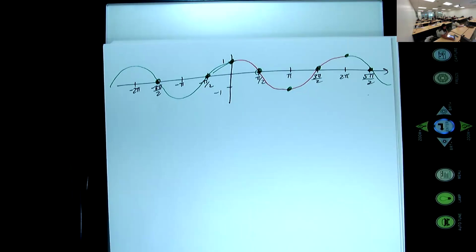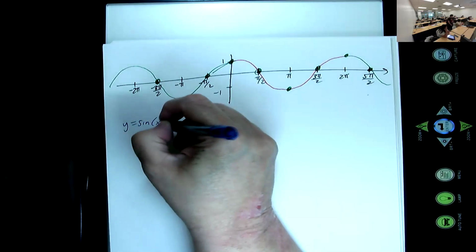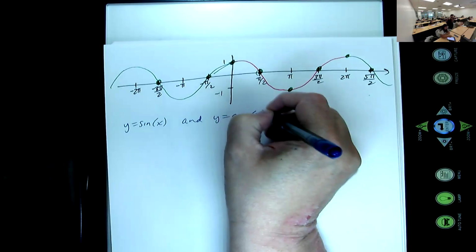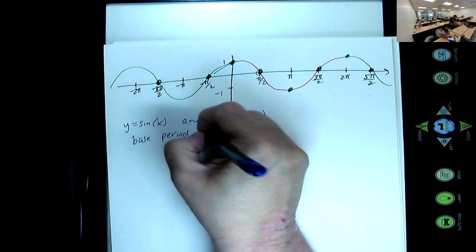Zero. 0 and 2 pi, yeah. Both sine of x and cosine of x. The base period is 0 to 2 pi.